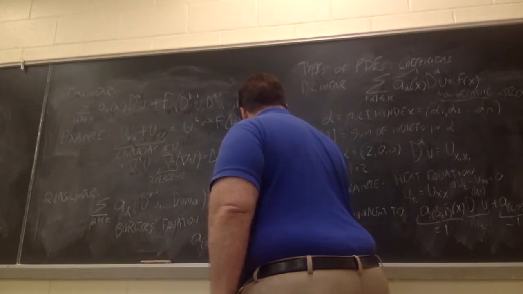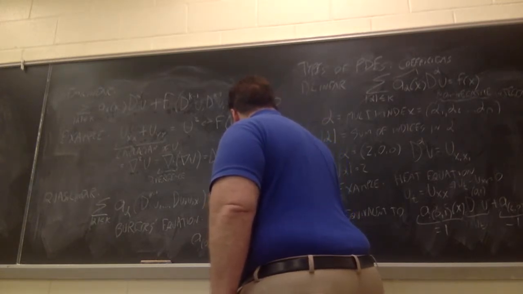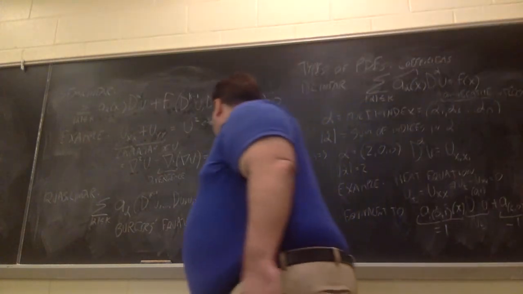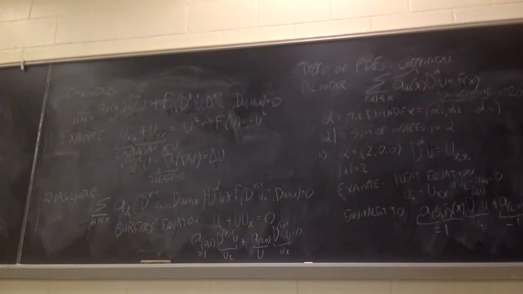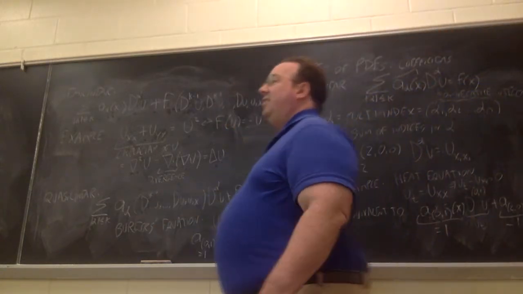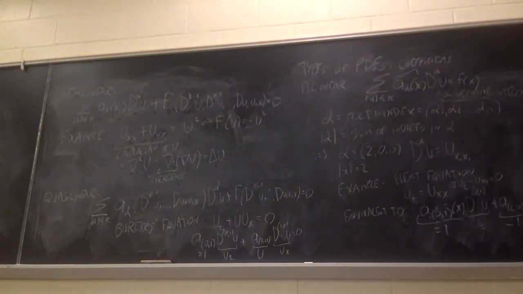So this is ux, and this coefficient is u, and this coefficient is 1. So the coefficients are now allowed to depend on u and derivatives, but not of the highest order. That part's still not allowed. So if I have a second order PDE, I can't have uxx as one of my coefficients.